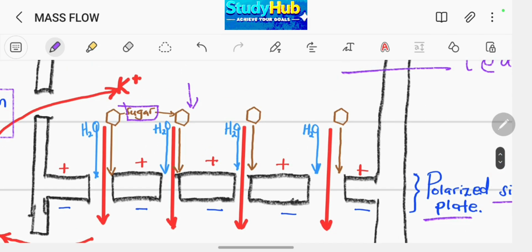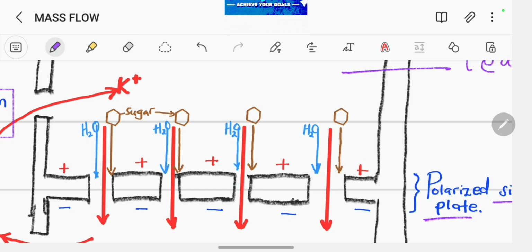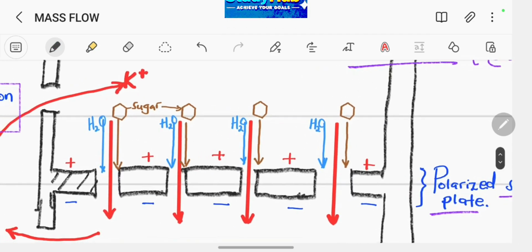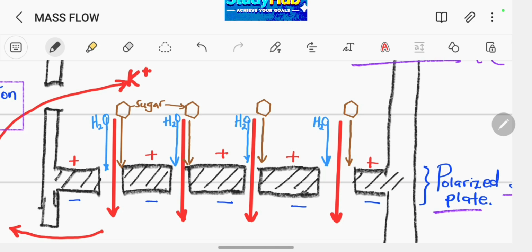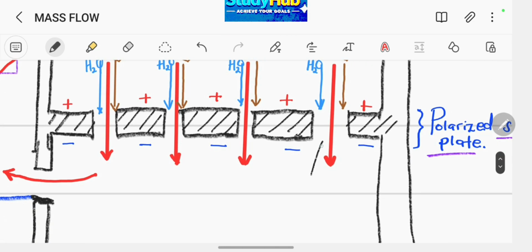But as this sugar is moving, from our theory of electroosmosis, first it's going to encounter hindrance from the sieve plate here. But the sieve plate has sieve pores.